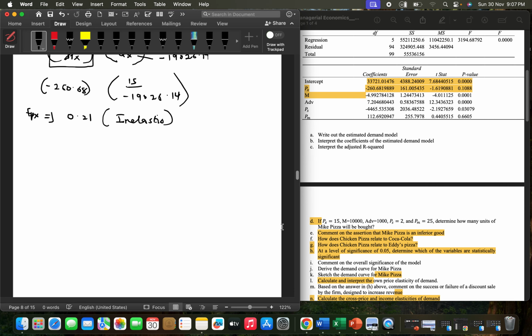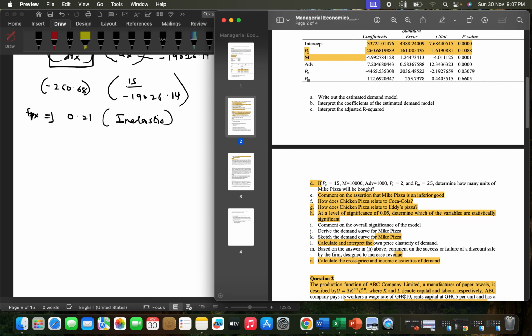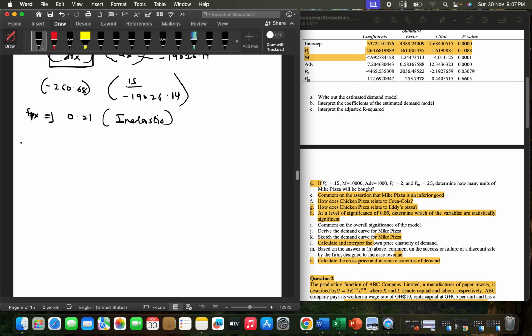So the next question, it's M. So with the M part of the question, based on the answer in H above, comment on the success or failure of a discount sale by the firm designed to increase revenue. Now, whenever there's an increase in revenue, it depends on the price you are selling.